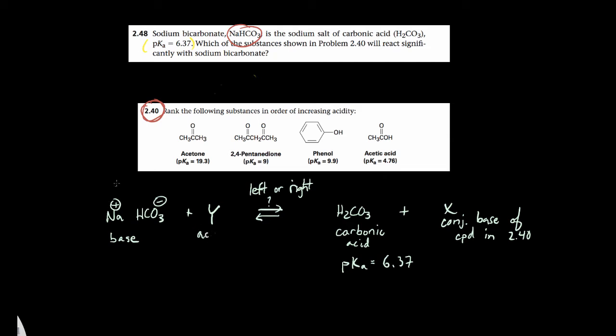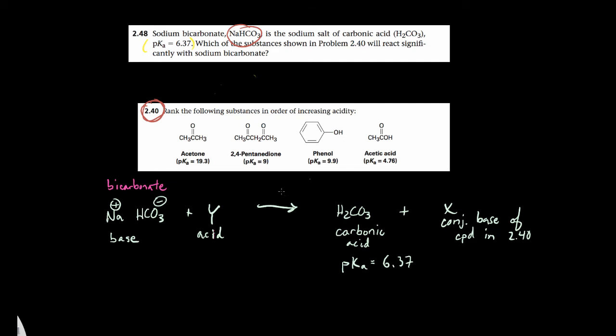If sodium bicarbonate, so this is bicarbonate, is the base, then Y is the acid. And the question is, which one of these, if any, will react with sodium bicarbonate to drive this equilibrium to the right?